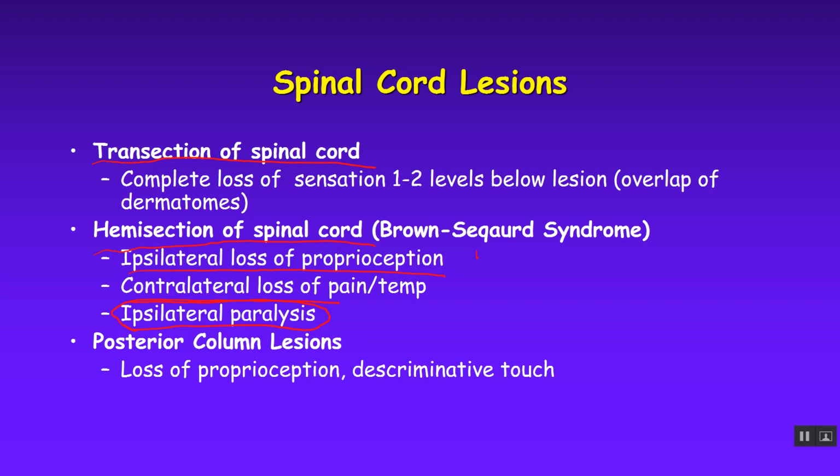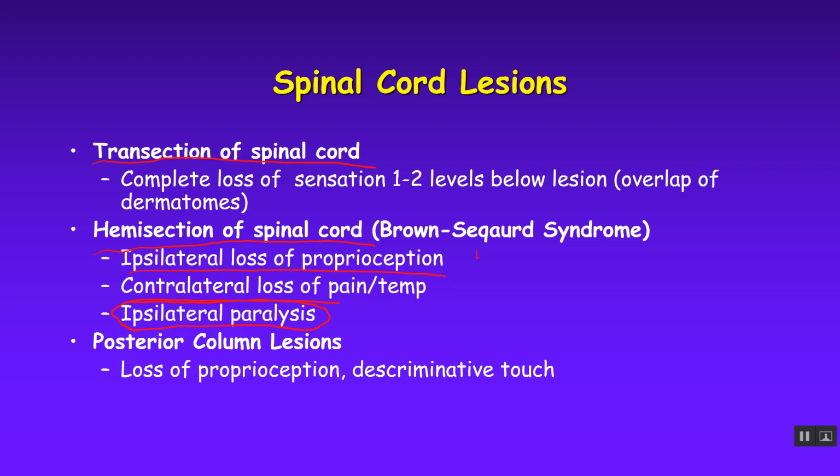Okay? When we talk about lesions and loss of function or sensation, and we say it's ipsilateral versus contralateral, we're not talking about the pathway itself. We're talking about the loss of function as it relates to the lesion.